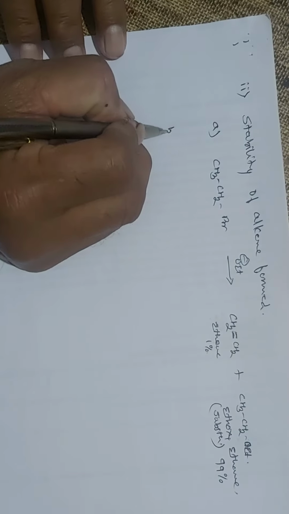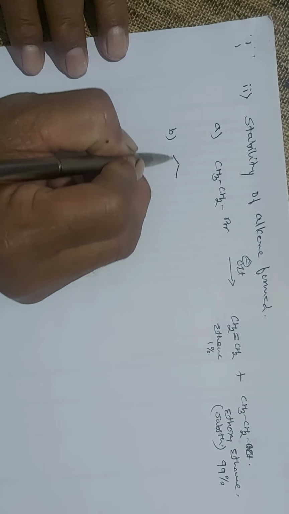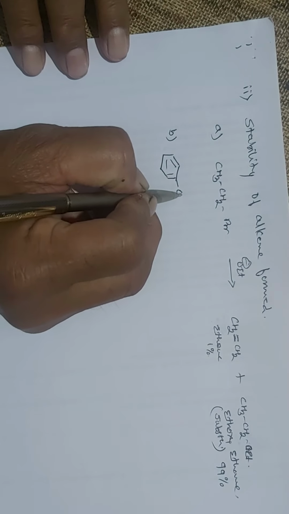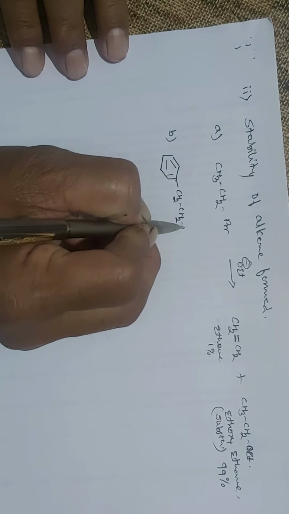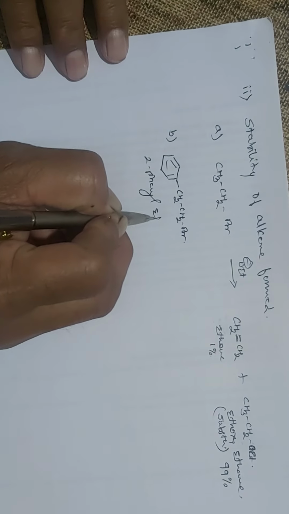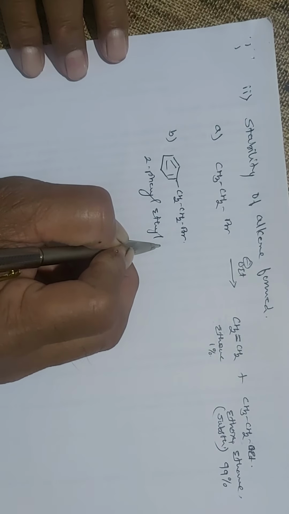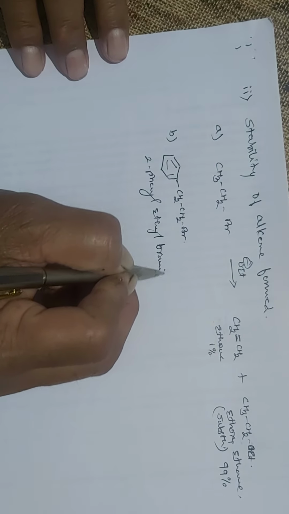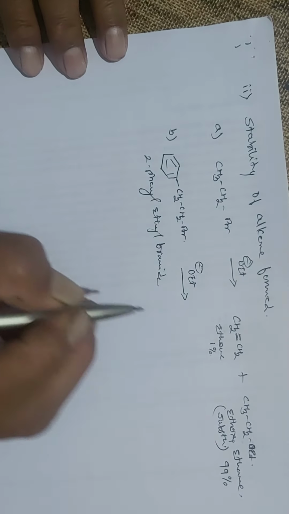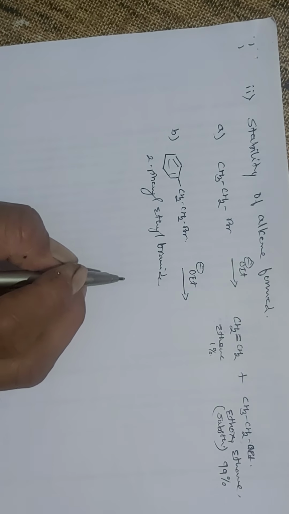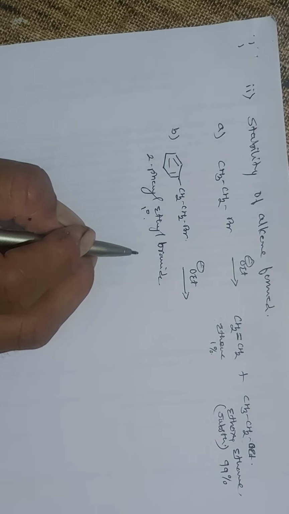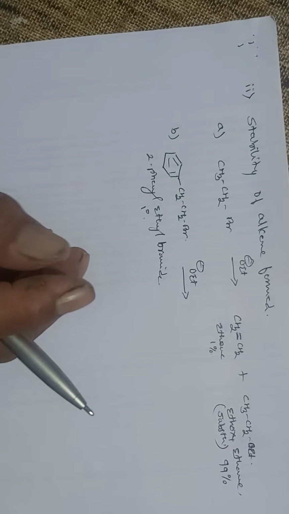But in the same way, if you treat another molecule, 2-phenylethyl bromide, with the same reagent, the ethoxide ion, here the halogen is attached to a primary carbon, so it would be considered to favor the substitution reaction.